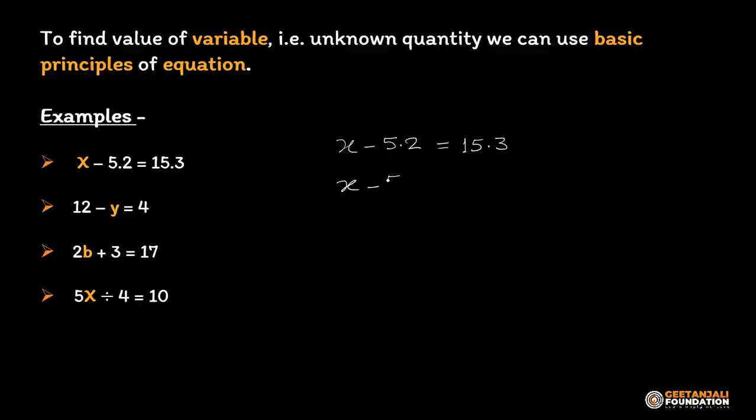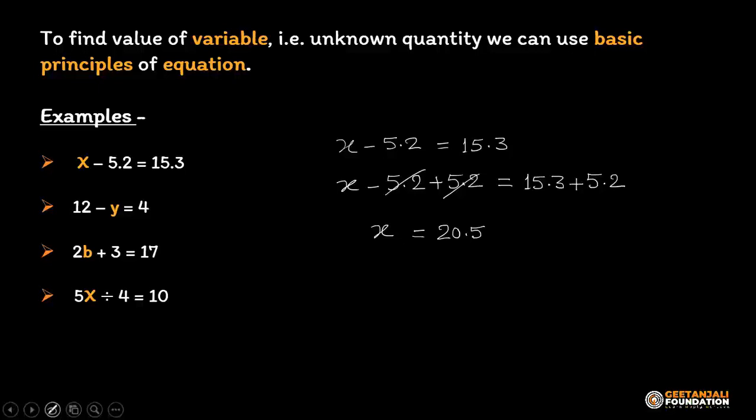So x minus 5.2, if I add 5.2, will get cancelled, and as we know by basic principles, I cannot add 5.2 on one side only. I need to add it to the other side as well. You can see I have added 5.2 to both sides, and these are of different signs, so this will get cancelled. And here we get x equals the sum of these two, which will become 20.5. So the answer for the first equation is x equals 20.5.